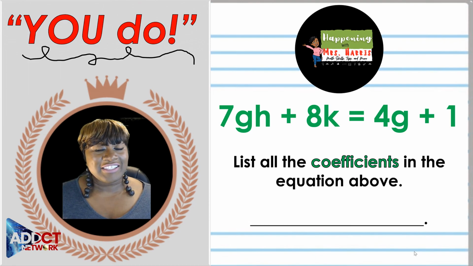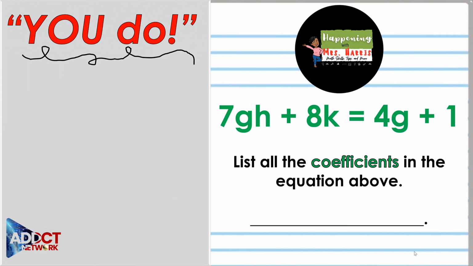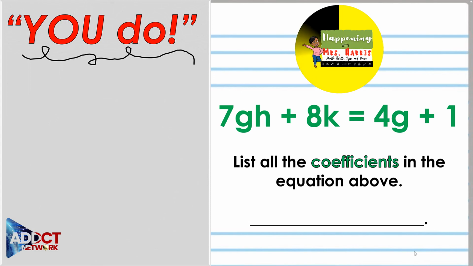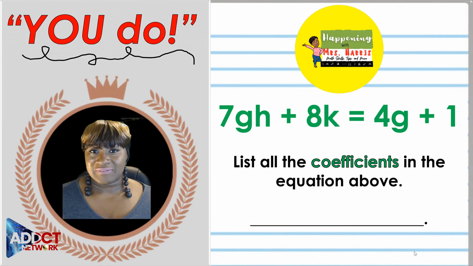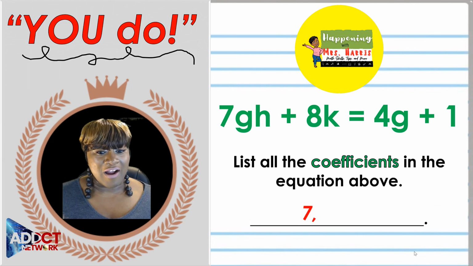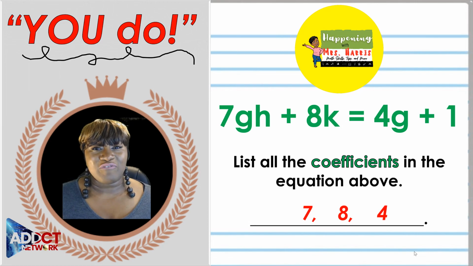Next question. 7gh plus 8k equals 4g plus 1. List all the coefficients in the equation above. The coefficients in the equation above are 7, 8, and 4.